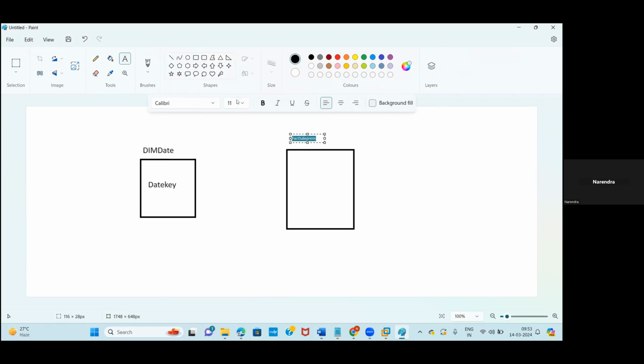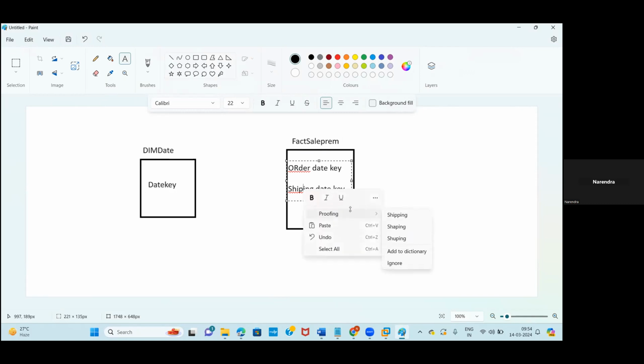This has, just like, order date key, and shipping date key, and where it comes to delivery date key.